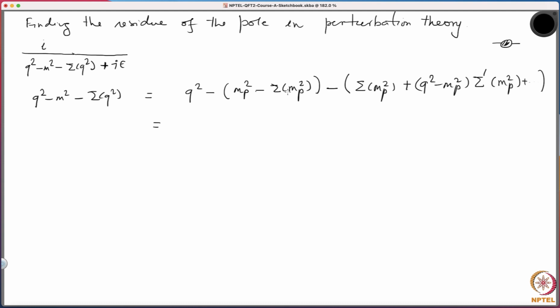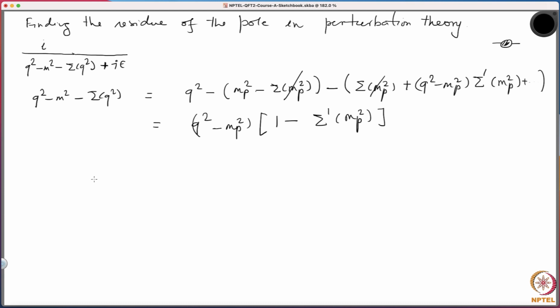So this cancels and we have q square minus mp square, which I take common, and I get 1 minus sigma prime of mp square. This is to the lowest order. Is that fine? 1 minus sigma prime evaluated at mp square. Okay, that's fine.